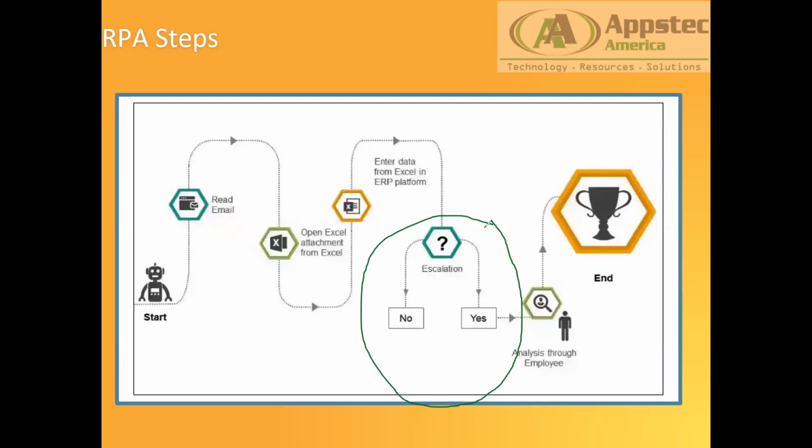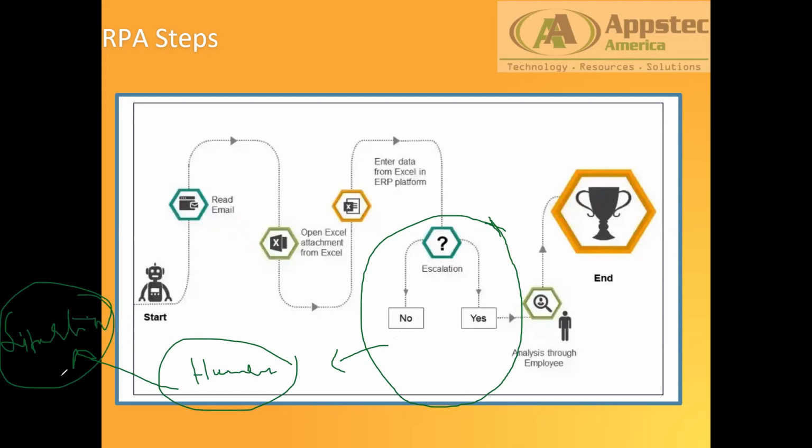Now escalation is a part of the process where it might be a human decision whether there is an escalation or not, because a human would evaluate a situation which a robot cannot do because it doesn't have the intelligence.